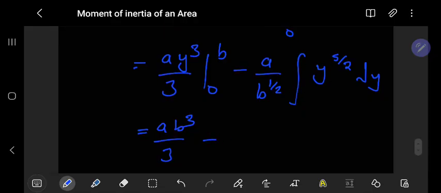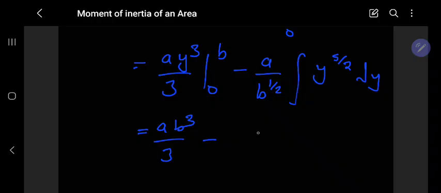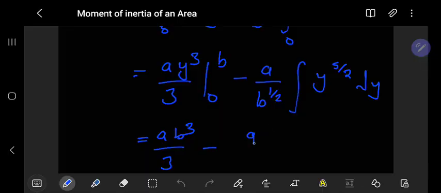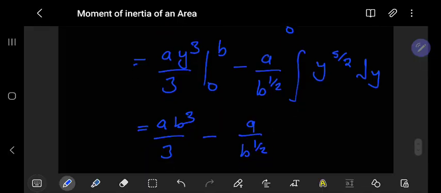The second part here will become, when we integrate, of course, let's see. This is still a over b to the power 1 over 2. But the integral there, the limits are still from 0 to b, of course. When we integrate, we'll get y to the power 7 over 2, and then this is divided by 7 over 2.